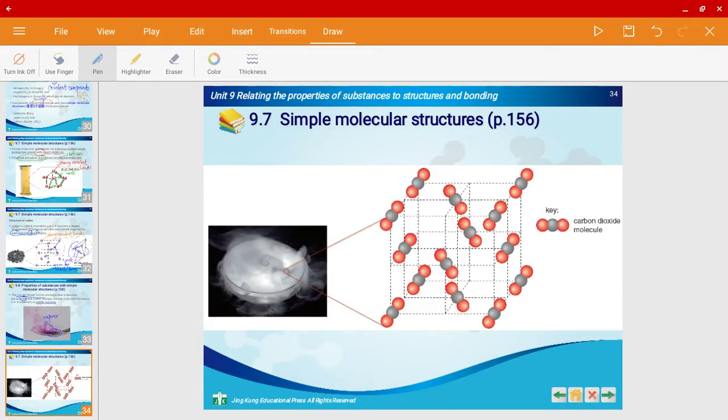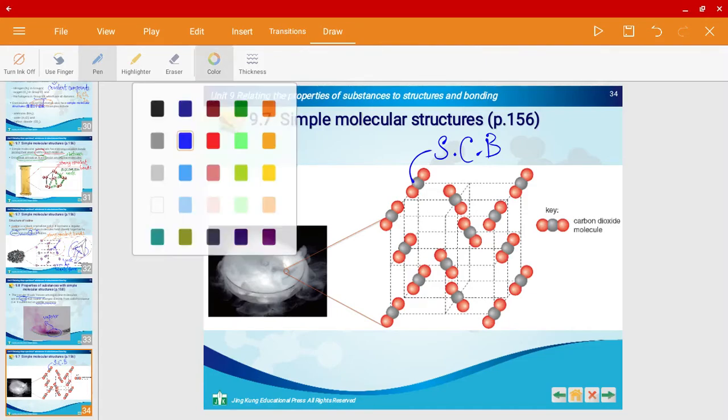Let me show you another example. We have a carbon dioxide molecule over here. Within the carbon dioxide molecule, there is a strong covalent bond. S.C.B. is a short form for strong covalent bond.